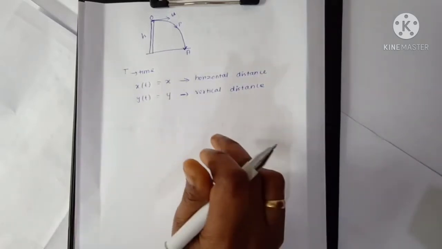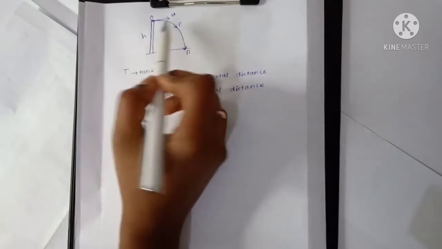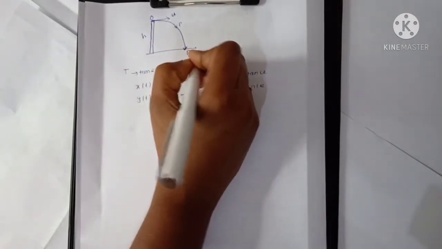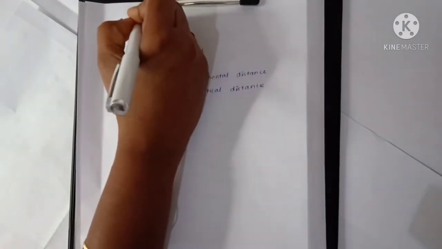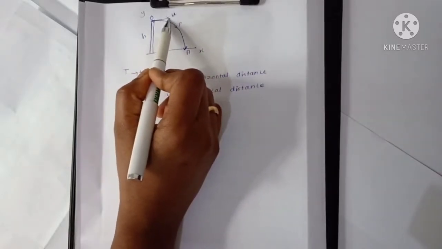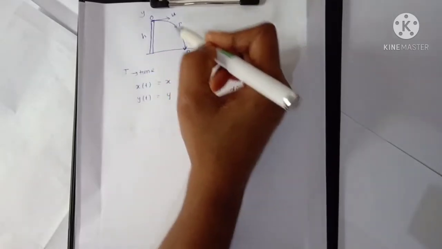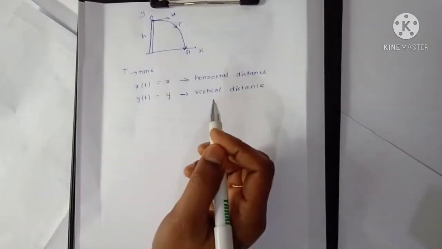Initially the ball travels along the x-axis. This is the x-axis and this is the y-axis. Initially the ball moves along the x-axis, and then due to gravity it moves along the y-axis, that is in the downward direction.